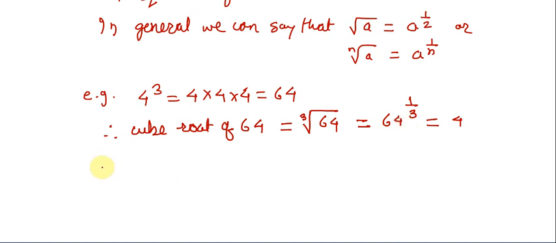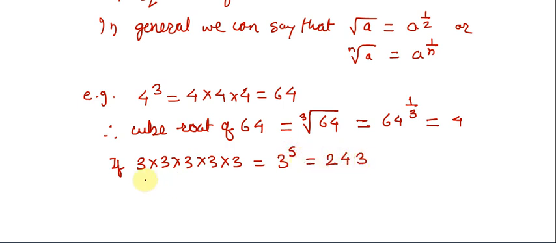Next example. So if 3 into 3 into 3 into 3 into 3 is equal to 3 raised to power 5, which is 243, that is, the fifth power of 3 is 243.